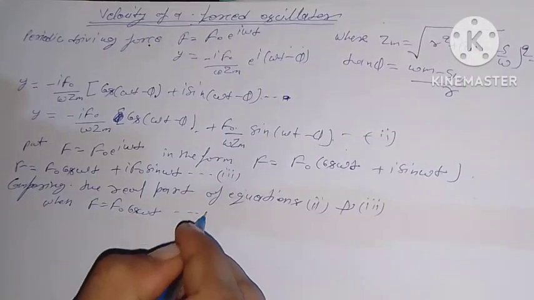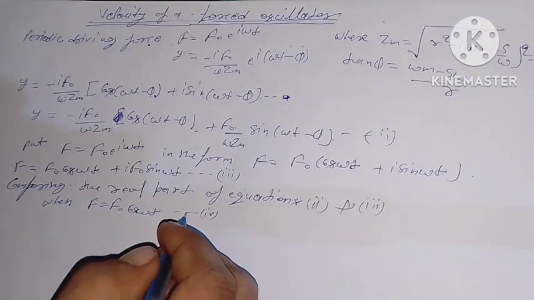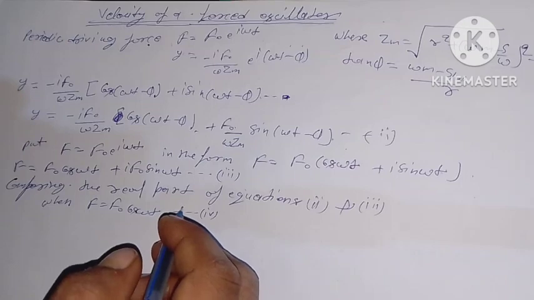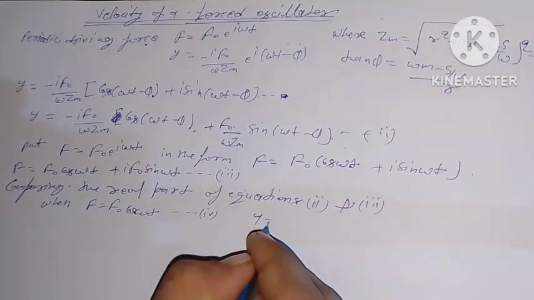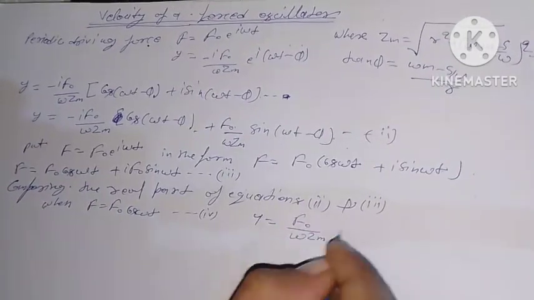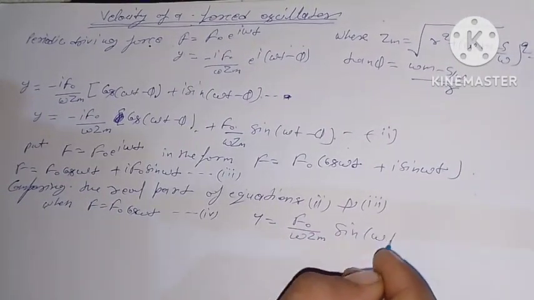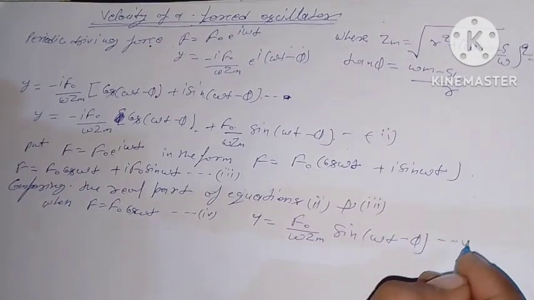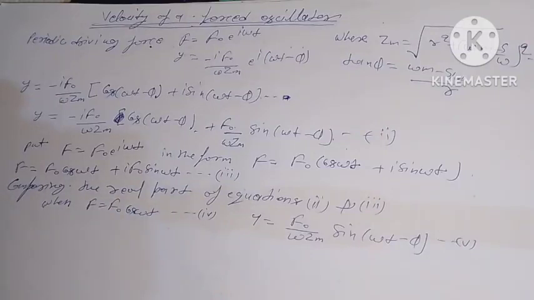This is equation number 4. And y equal to F naught by omega Zm sin omega t minus phi. This is equation number 5.